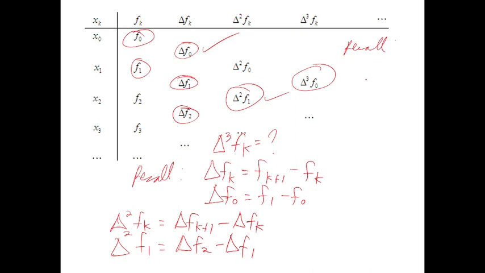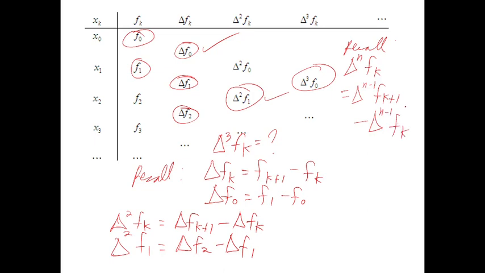We have delta n f sub k, that is equals to delta n minus 1 f sub k plus 1 minus delta n minus 1 f sub k. No?